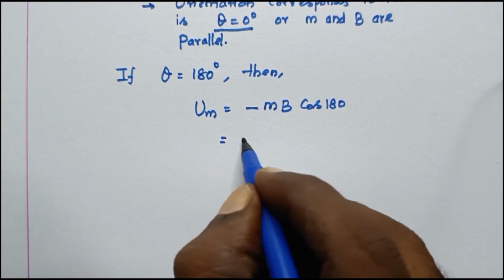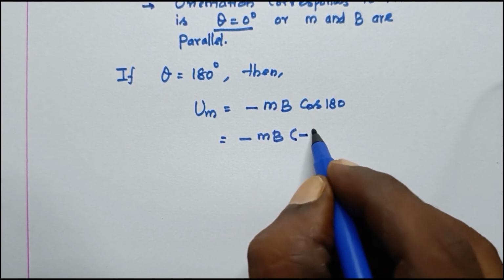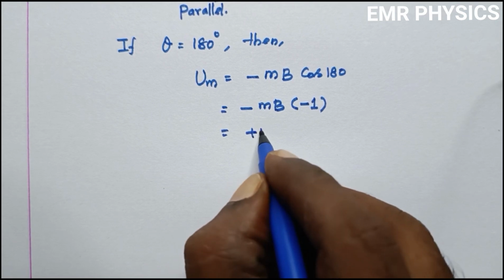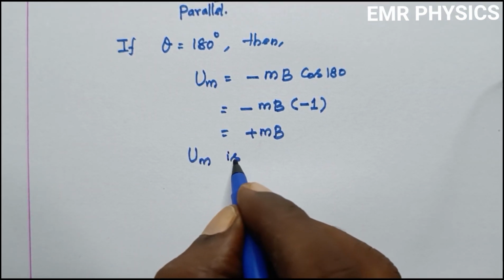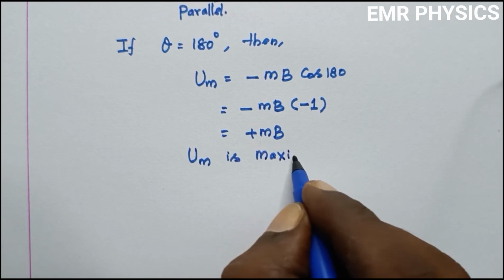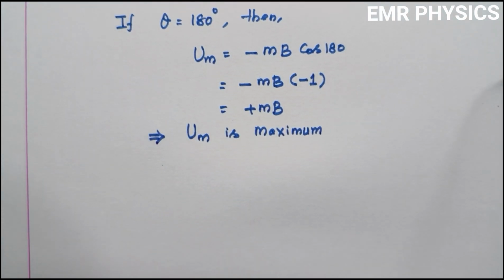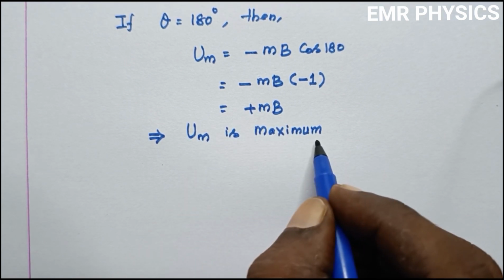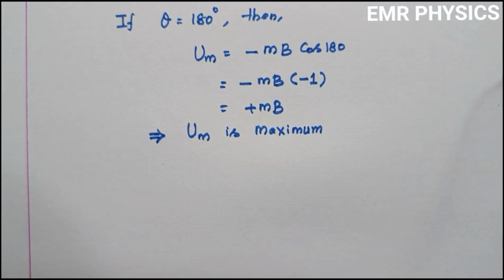Cos 180 is minus 1, so this is equal to plus mb. This is the maximum value of the potential energy. For a given value of m and b, the potential energy is maximum if theta is equal to 180 degree.